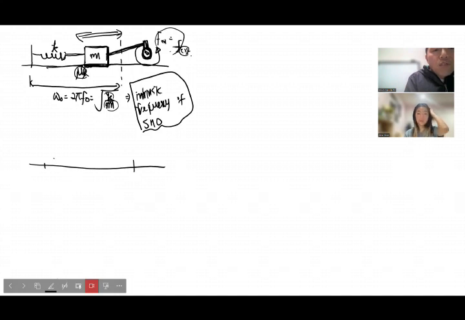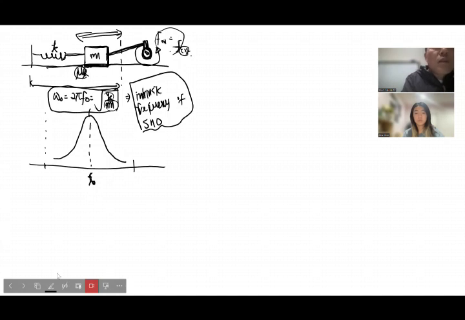Without external force, there's an intrinsic frequency, and the maximum amplitude of the simple harmonic oscillator normally appears when the frequency satisfies the condition square root of k over m. In this plot, the x-axis is the frequency and the y-axis is the amplitude of oscillation, x(t). Without damping, it's supposed to have a really sharp peak.